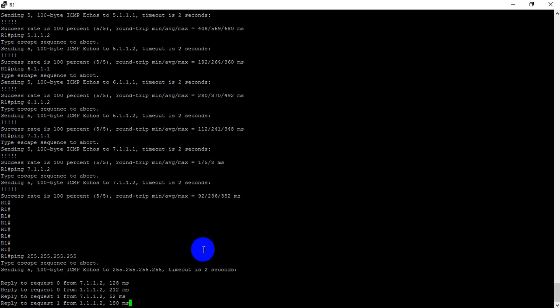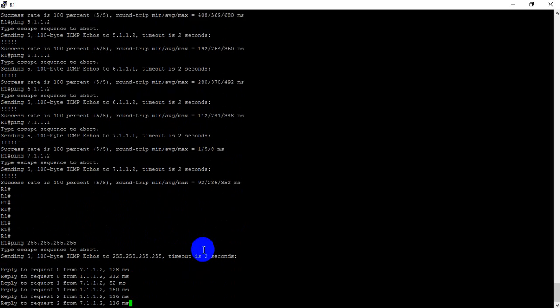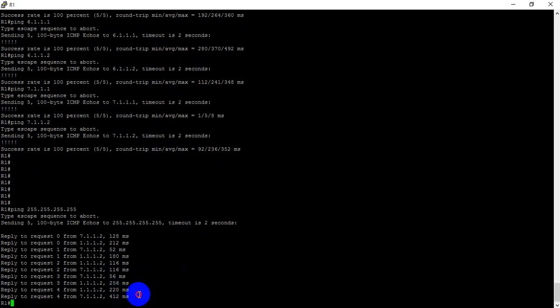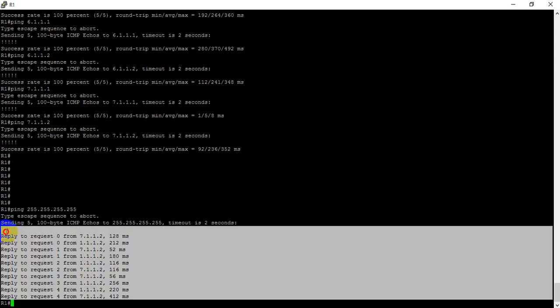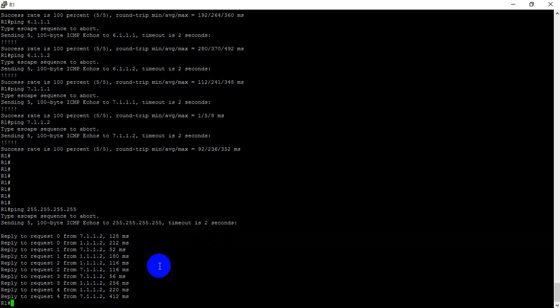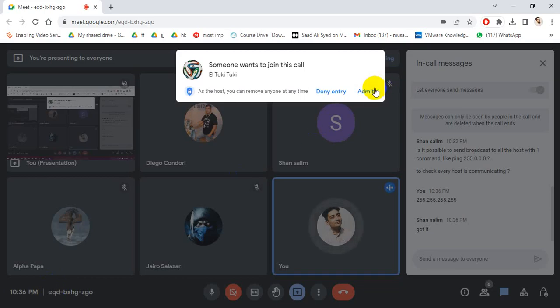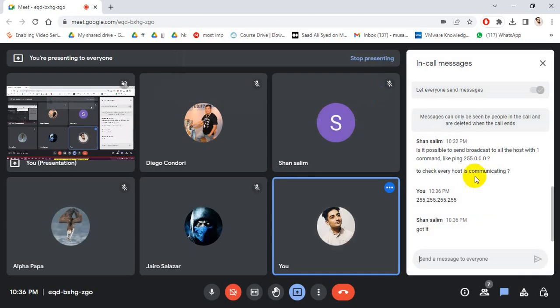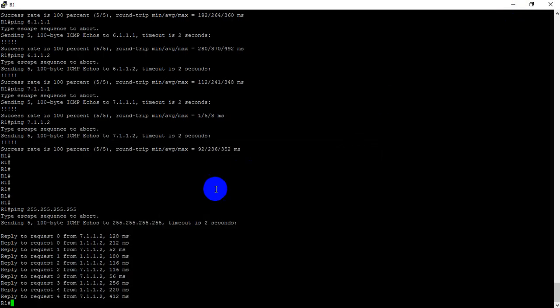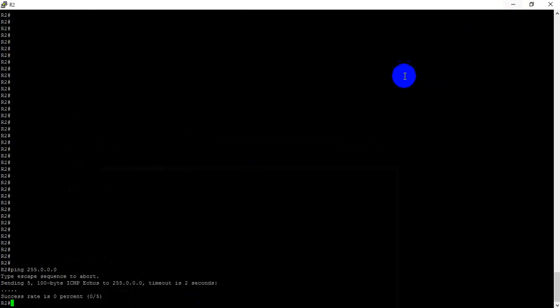So yes, it's possible to send a broadcast and the reply is coming, a reply to the request. But the main concern is that your broadcast address was actually wrong. This is the subnet mask, not the broadcast. I've checked and practically shown you that the reply is coming.